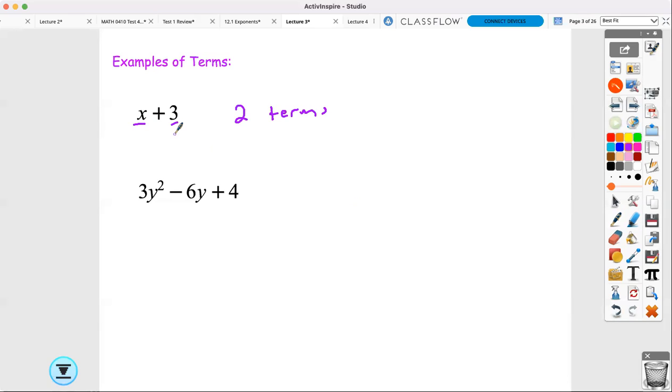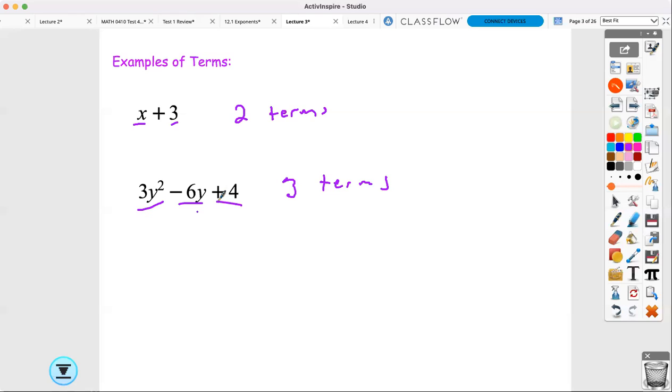Can someone tell me how many terms are in this expression down here? How many terms does everyone see for the bottom one? 3 terms. Good. Remember, the terms are separated by plus and minus signs.